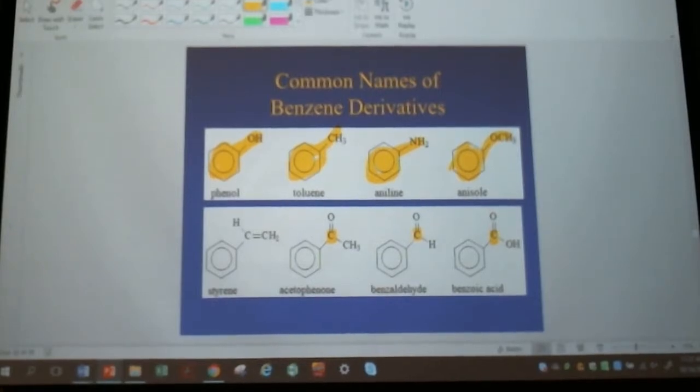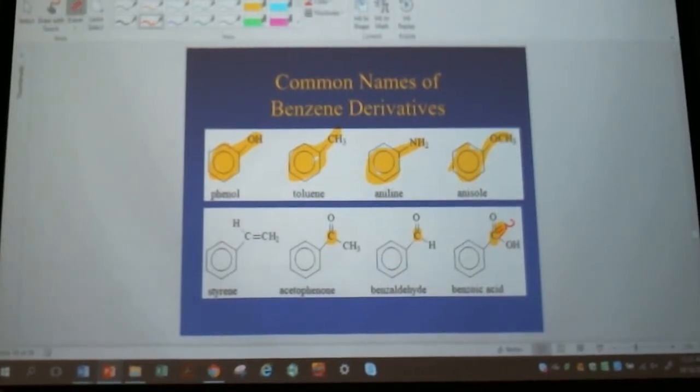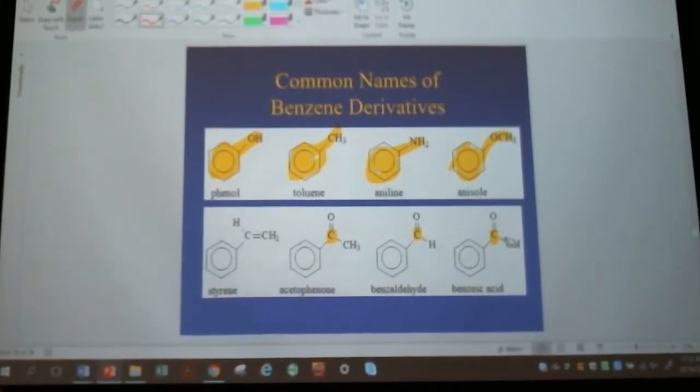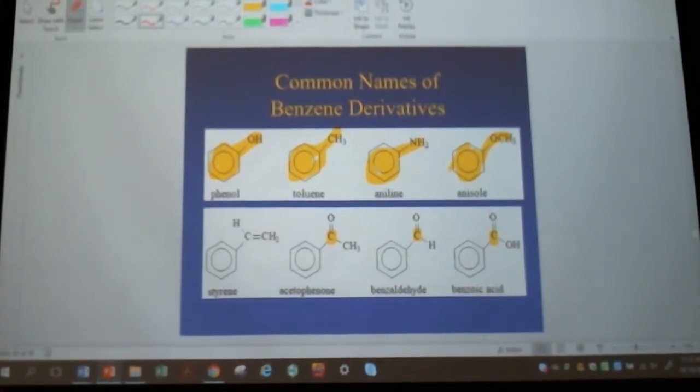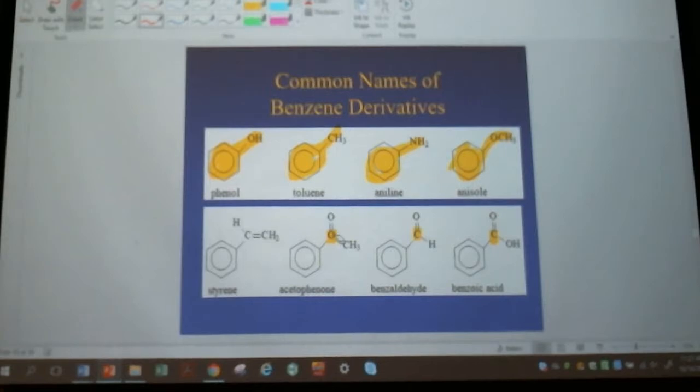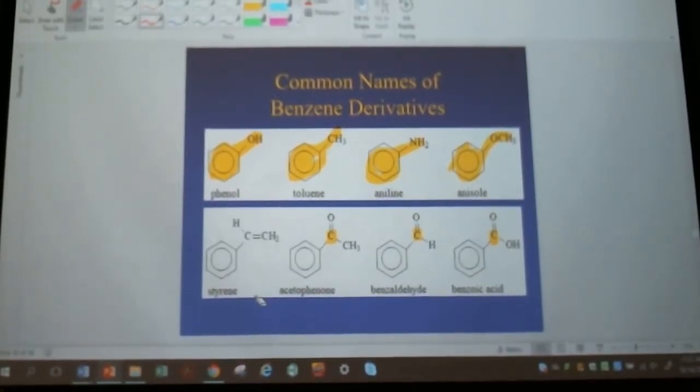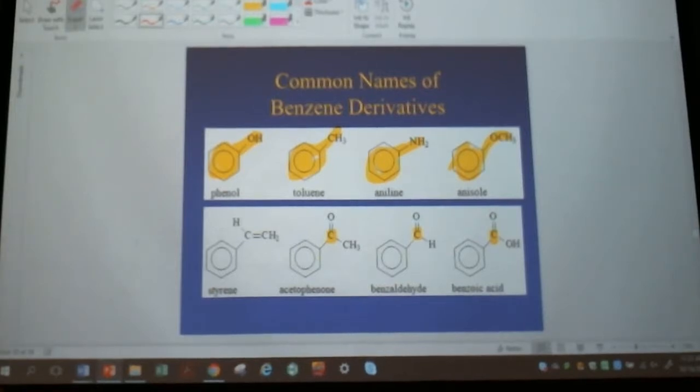On the benzylic carbon we would have a nitrile, that would be benzonitrile. It is because this is your benzylic carbon that we call these molecules like that. This is acetophenone, styrene, whatever. These are some of the common names, and you're going to see those on and on.